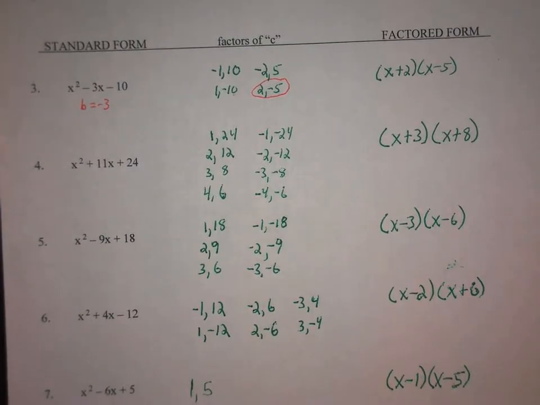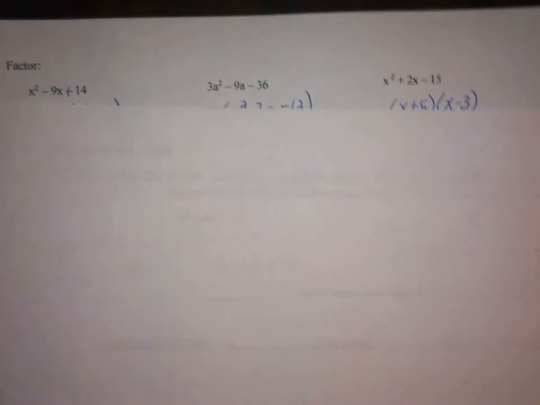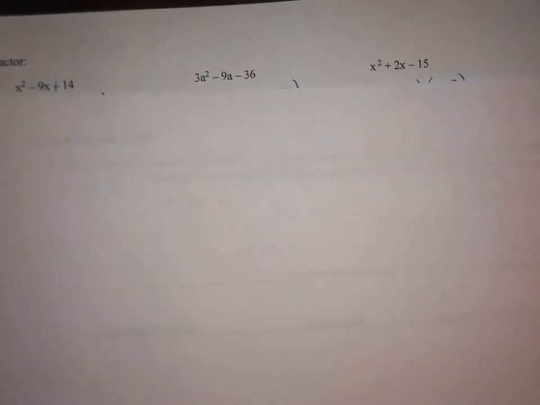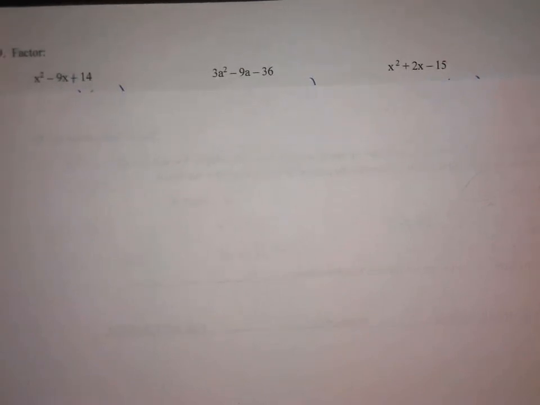So moving on to that second page. These are really just practice questions. So what I want you to do is pause the video, and I'll put the answers up for these examples here.